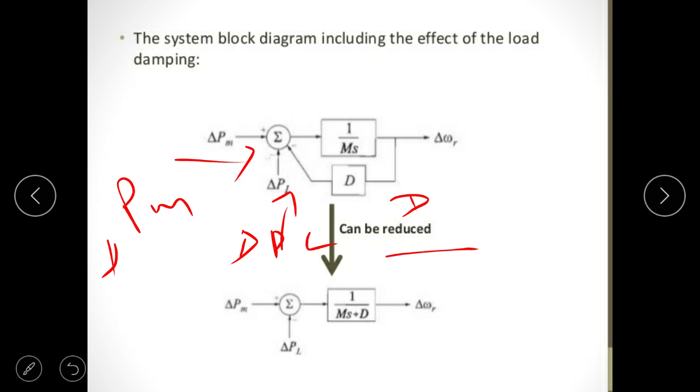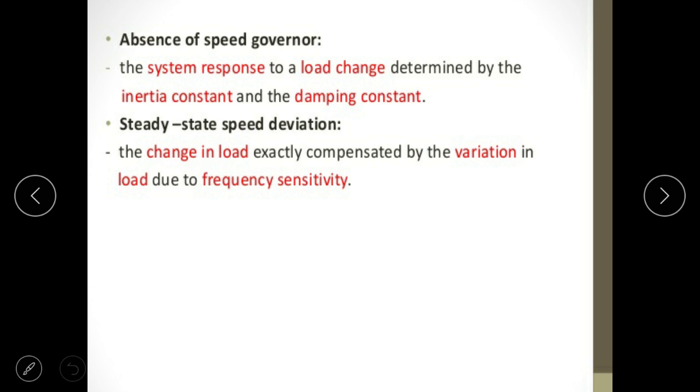It can be reduced to delta Pm minus delta PL, times 1 upon Ms plus D. In the absence of a speed governor, if in the system the speed governor is not connected, then the system response to load change is determined by the inertia constant and damping constant.